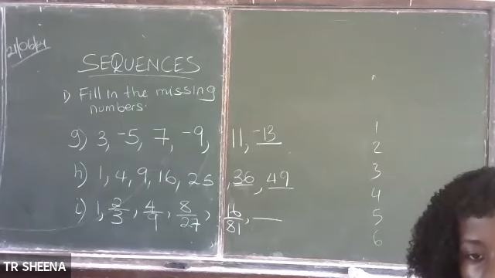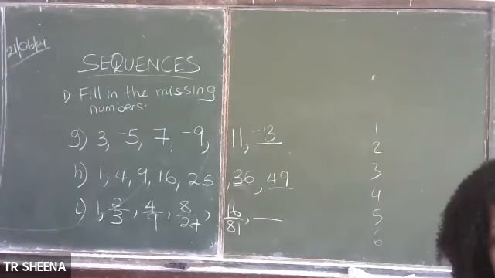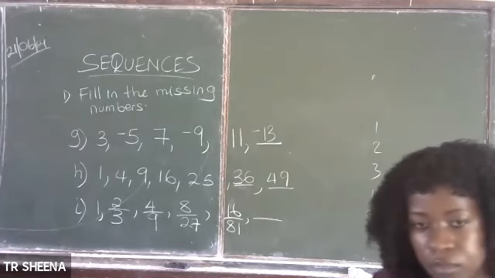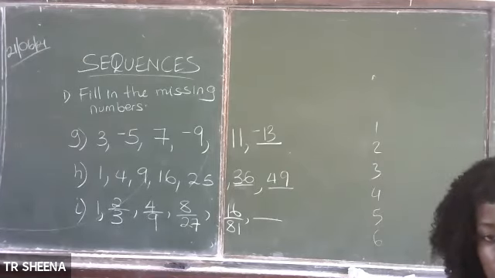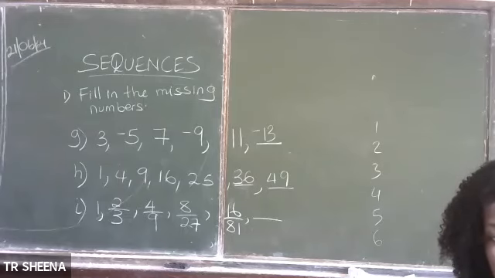Then 3 times 3 is 9, 9 times 9 is 27, 27 times 27 is 81, 81 times 81 is 6,561. So the answer is 32 out of 6,561.